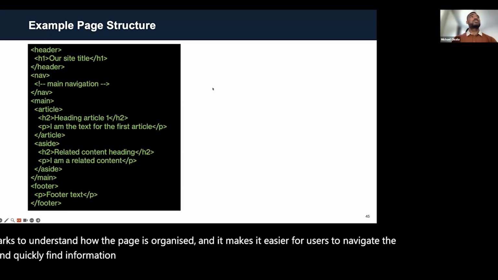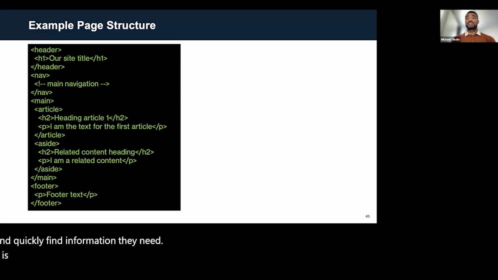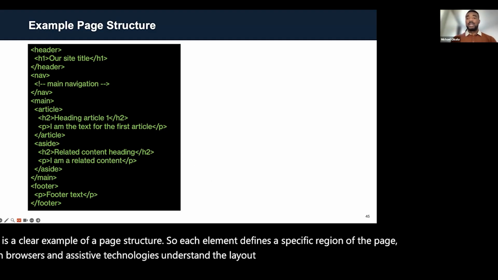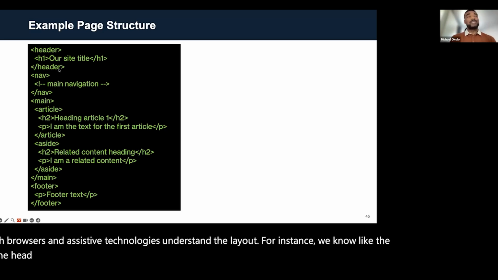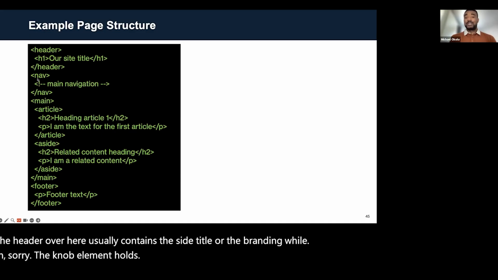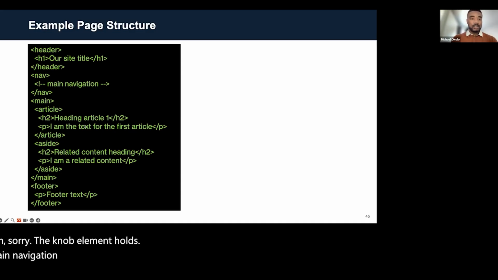This is a clear example of a page structure. Each element defines a specific region of the page, so both browsers and assistive technologies understand the layout. For instance, we know the header over here usually contains the site title or the branding, while the nav element holds the main navigation links, and we also have the main section.